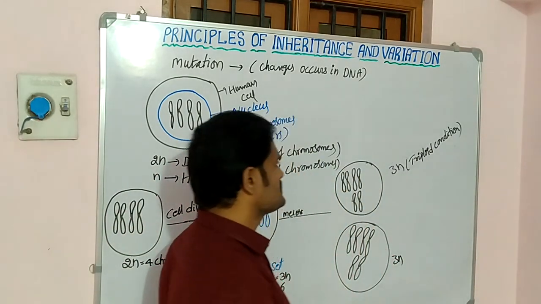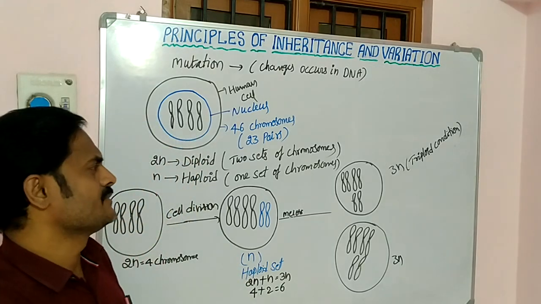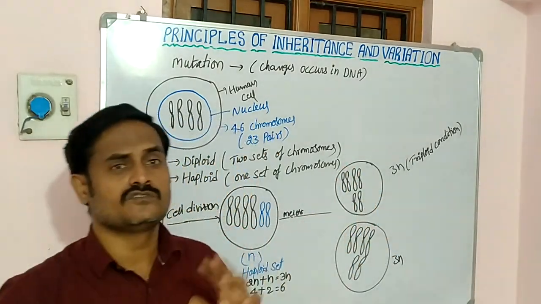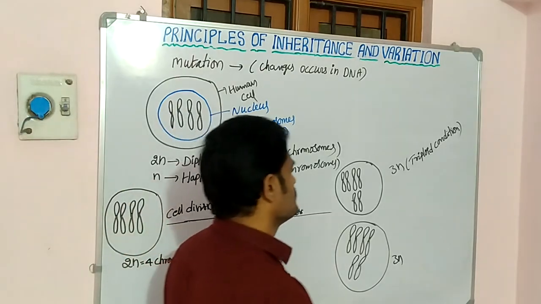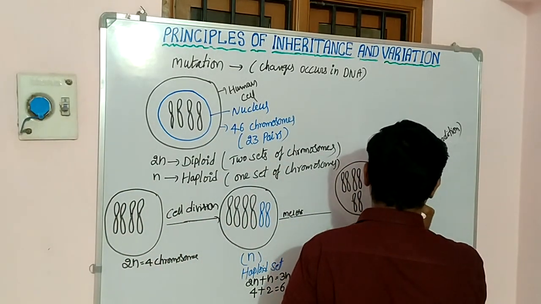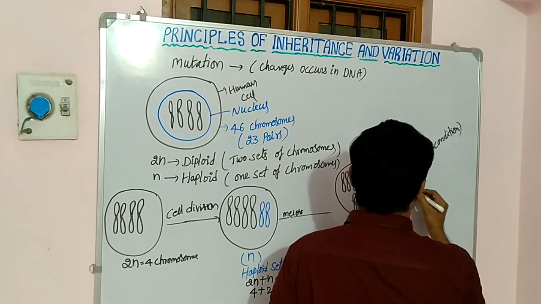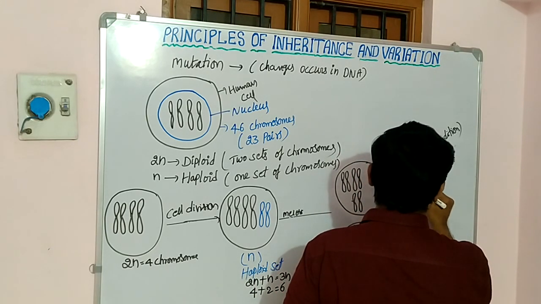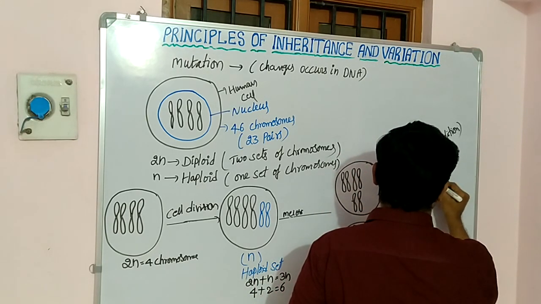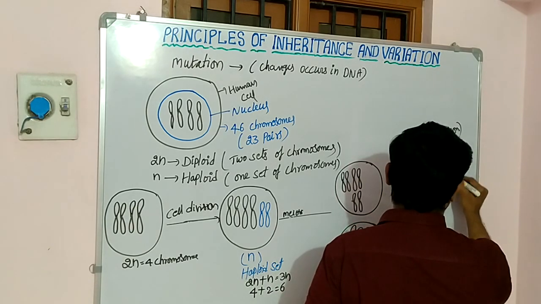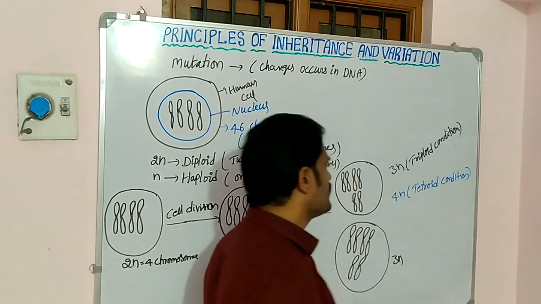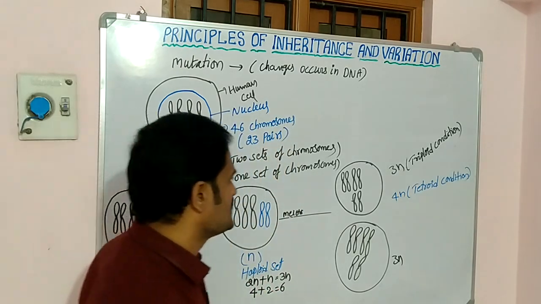Sometimes 4n will also form. 4n means tetraploid condition. How will the 4n condition form?